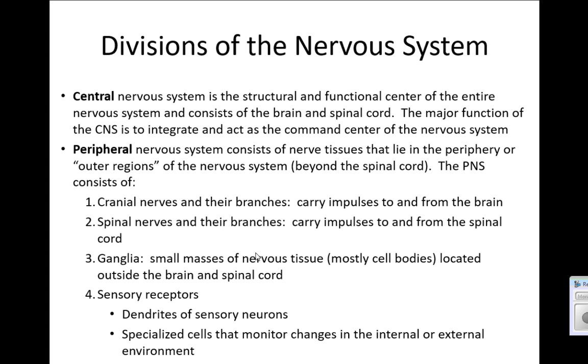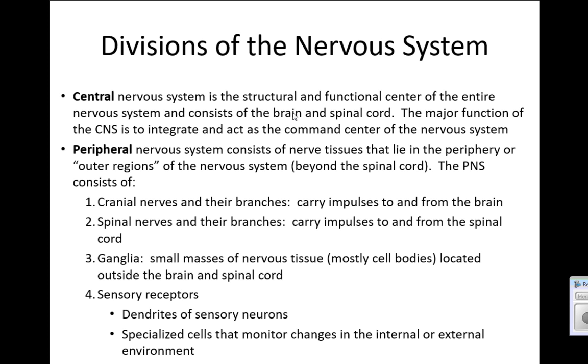The CNS, or central nervous system, is a structural and functional center of the entire nervous system, and this is your brain and spinal cord. Those are the two parts of the central nervous system. This is where we perform that integration, processing that input, dictating out the correct and appropriate outputs. Okay, so this is our command center, primarily done within the brain.